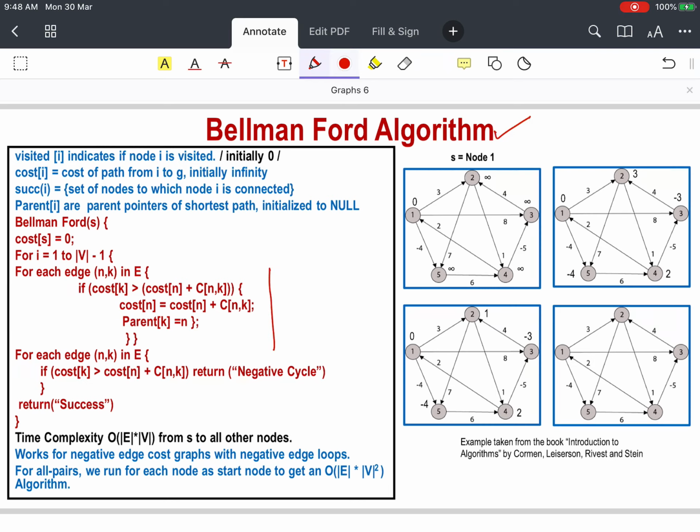The Bellman-Ford algorithm uses the same idea. All that it does is that it moves through a series of n-1 iterations, where n is the number of vertices in the graph. So if v is the number of vertices in the graph, it goes through a loop of n-1 iterations. And in every iteration, it does this cost revision step.